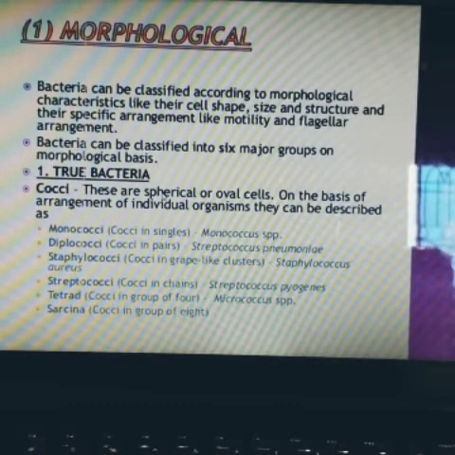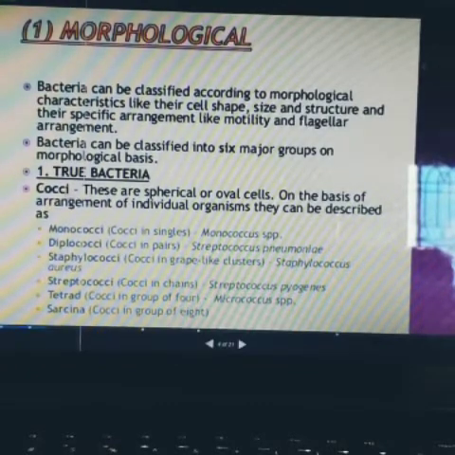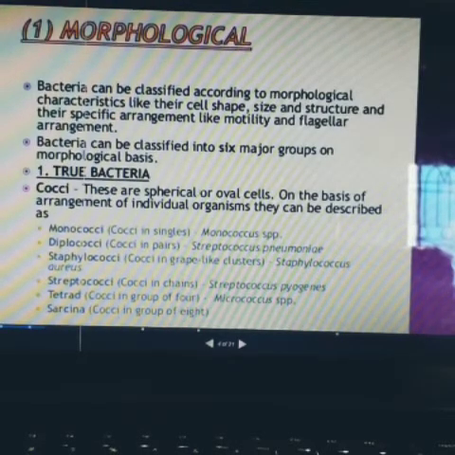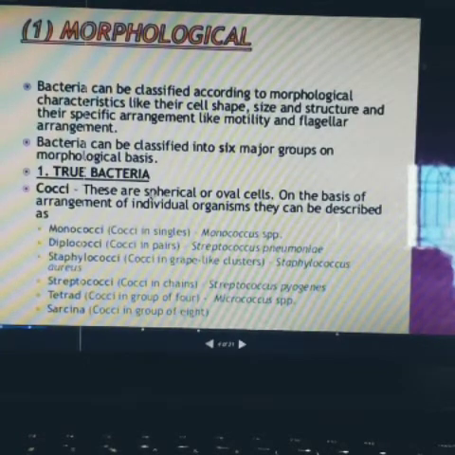We shall show this image of true bacteria. The true bacteria include the Coccus bacteria. These are spherical or oval shaped bacteria.